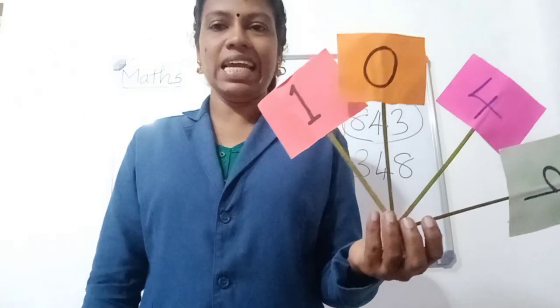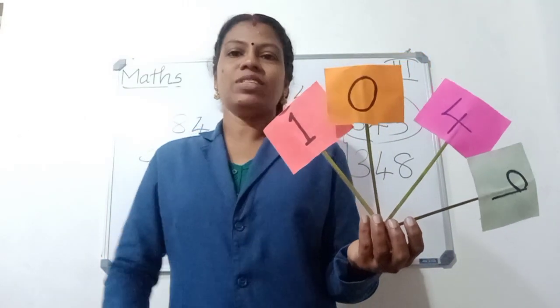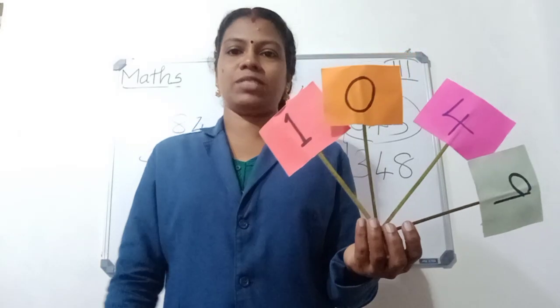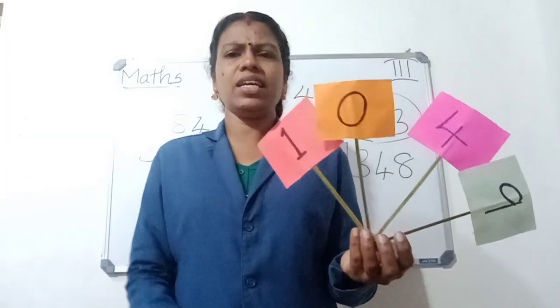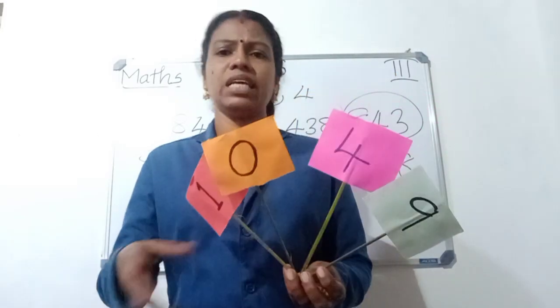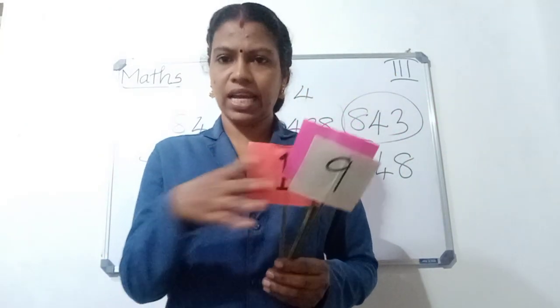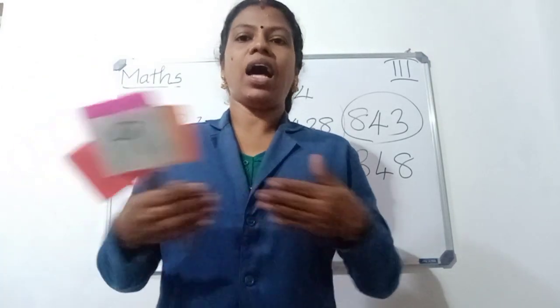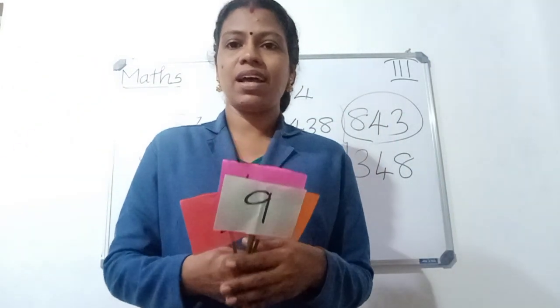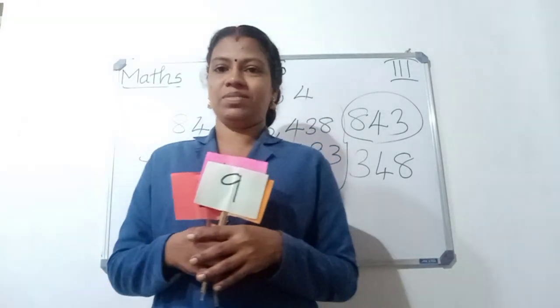Okay, now it's clear. So this way you can make smaller number and bigger number. It is very easy to form the numbers using the given digits. Just arrange the numbers. If you want bigger number, arrange the numbers in descending order.